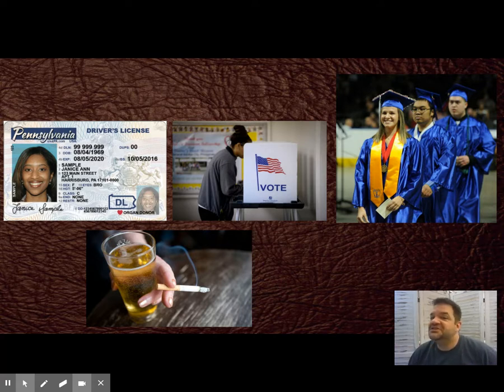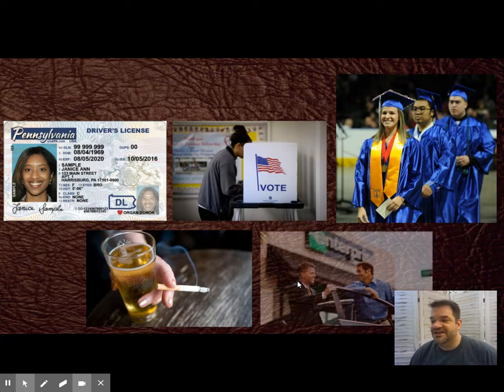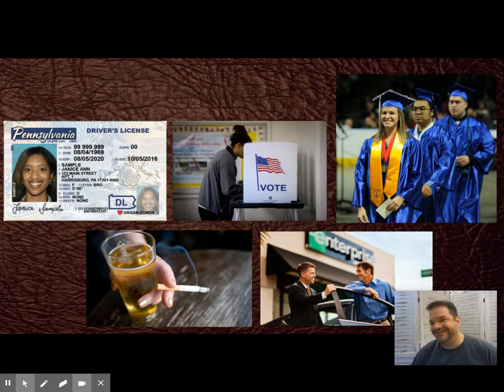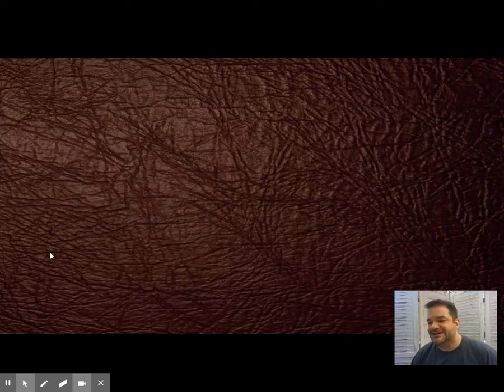But the thing that signifies that you are a full-fledged adult in American society is when you turn 25 and you get to rent a car. So there we have it. There's our coming of age rites of passage in the United States.